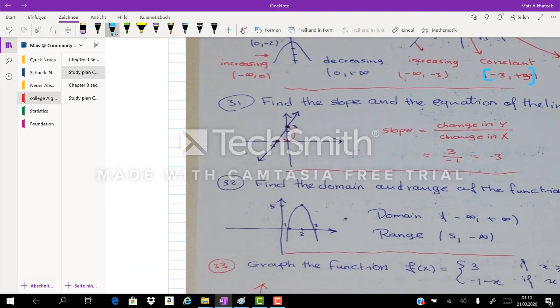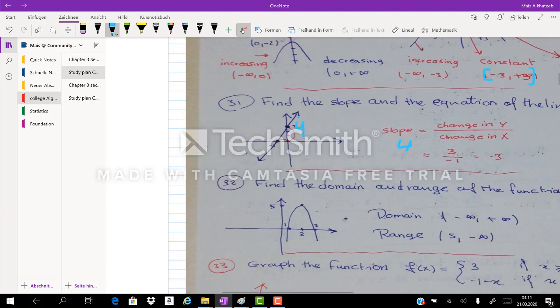Here we have a small mistake. This has to be 4, so the change in y will be 4 over 1.